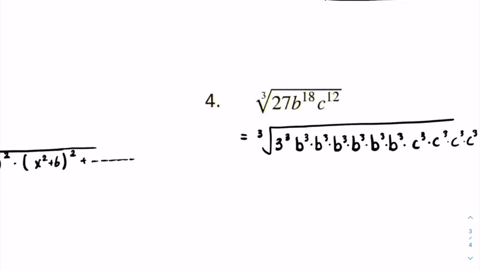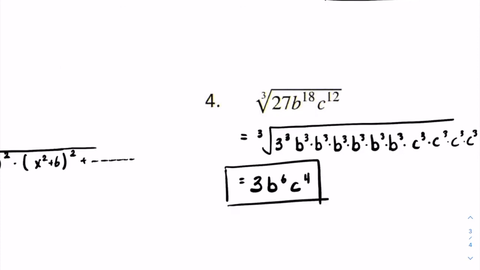When you simplify this, you end up with the cube root of 3 cubed, which is 3. You have 6 values of b. And you have 4 values of c. 3 times b to the 6th times c to the 4th is your final answer.